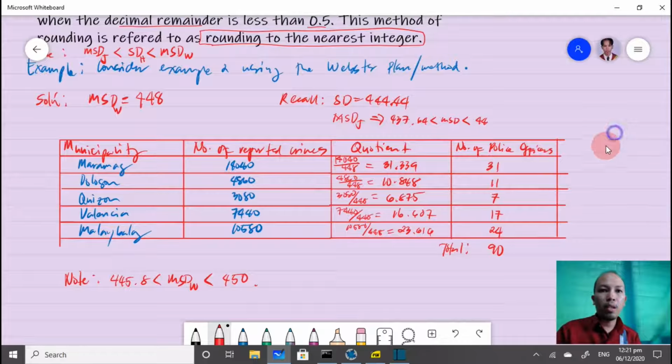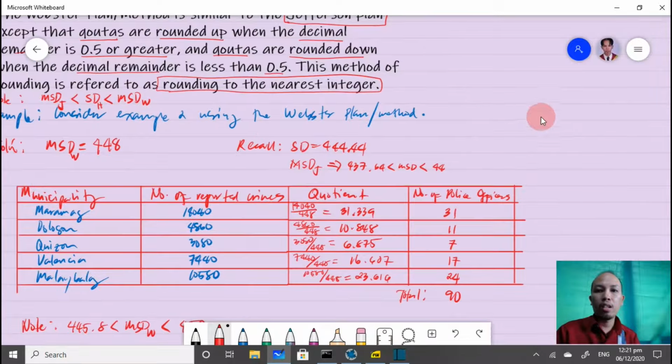So if you compare our previous answer in example 2, in the Hamilton plan and the Webster plan, they have the same apportioned number of police officers.